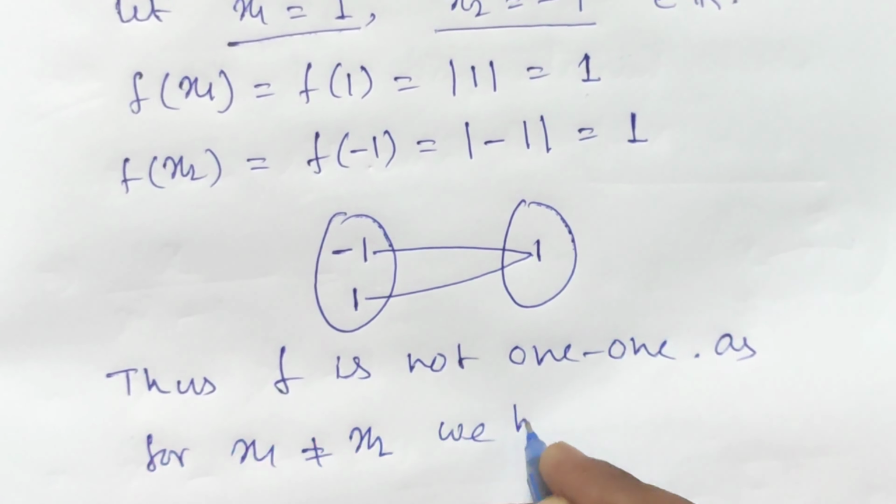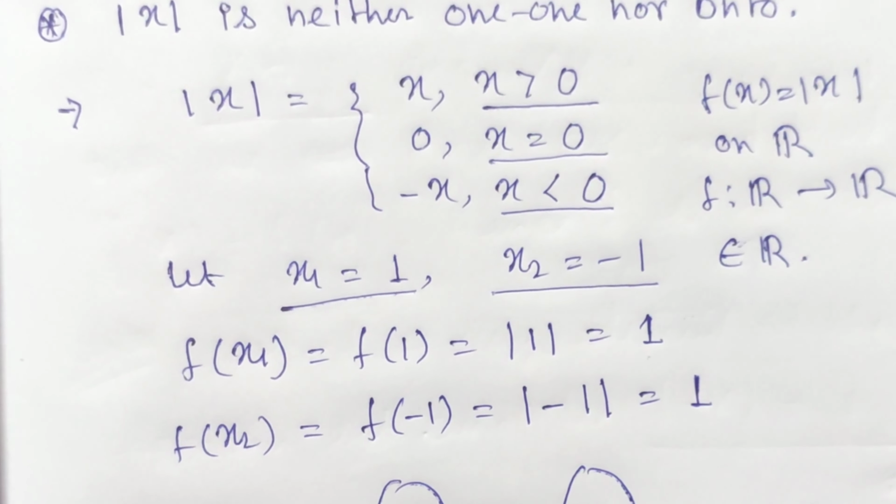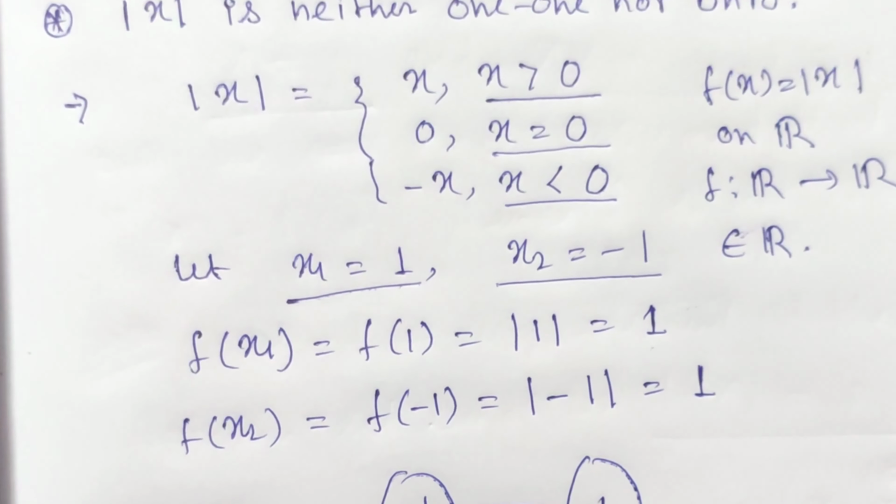Recall the definition of mod x. Mod x equals positive x for all positive values of x, 0 for x equals 0, and negative x for all negative values of x. So now we will prove that f is not an onto function. For an onto function, all the elements in the codomain set must have a pre-image in the domain set.